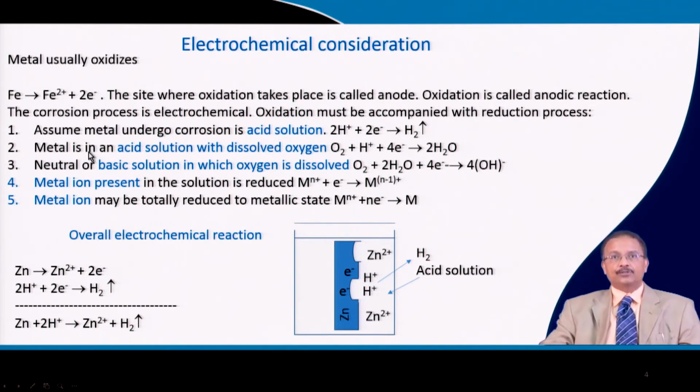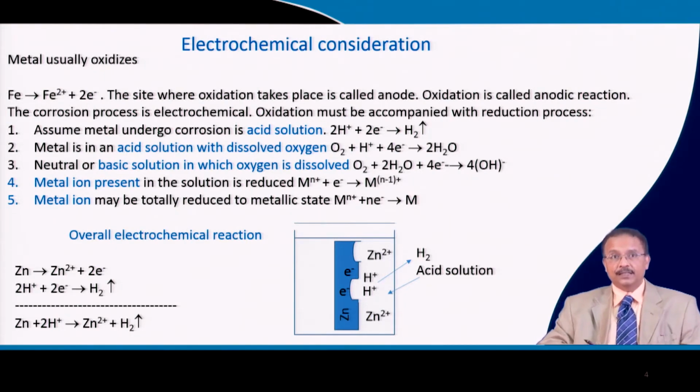The site where this oxidation takes place, we usually call an anode, and the oxidation is called the anodic reaction. So, the corrosion process in metal is electrochemical in nature, and this oxidation is also accompanied by a reduction process. Now, the question is how this reduction takes place.